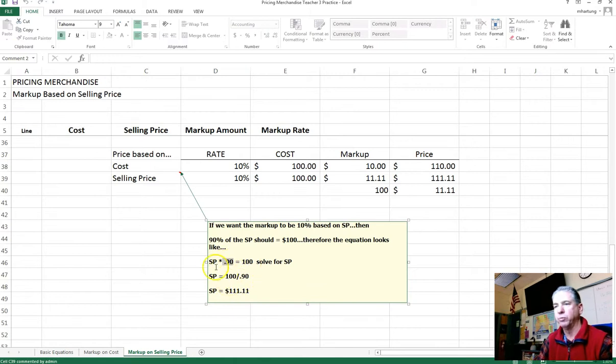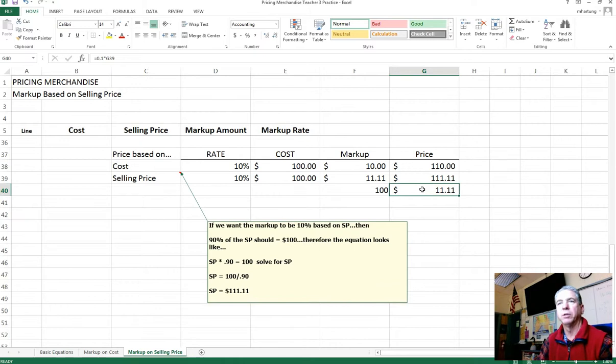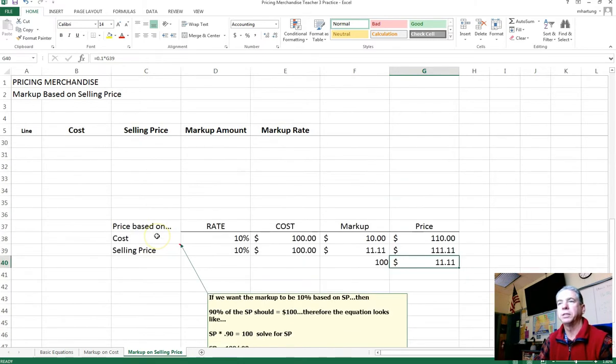And then we end up with the selling price equal to 100, which is our cost in this example, divided by 0.90, which is the complement of our 10% markup rate. And then we solve for that, so the selling price equals 100 divided by 90% equals $111.11. And so that's how we end up with that amount right there. And then, of course, our markup is $11.11.